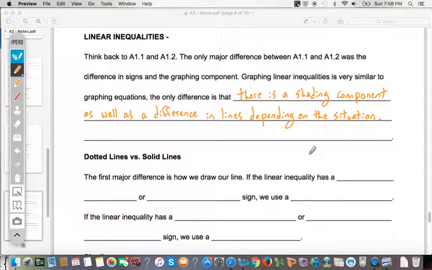By shading, and by using different types of lines, so we'll be dealing with dotted lines versus solid lines, this helps us satisfy all solutions for a linear inequality.